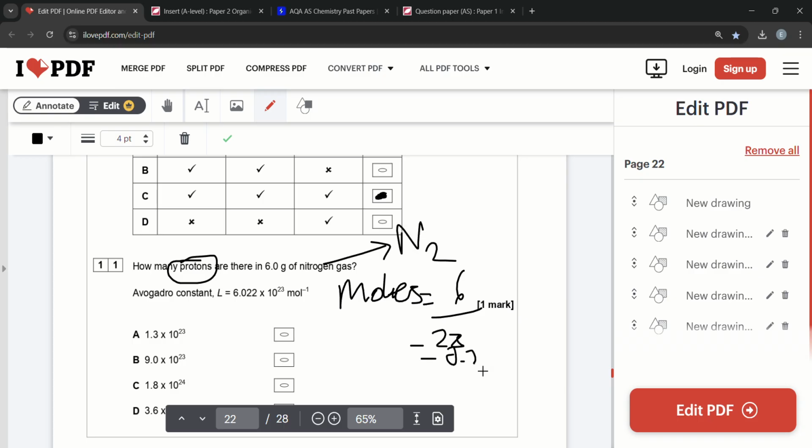That gives me 0.214 moles, and then we need to times this by 14, because that is the Mr of nitrogen, and then we need to times by Avogadro's constant. 0.214 times 14 times 6.022 times 10 to the power 23, we should get 1.8 times 10 to the power 24. So the answer is C.